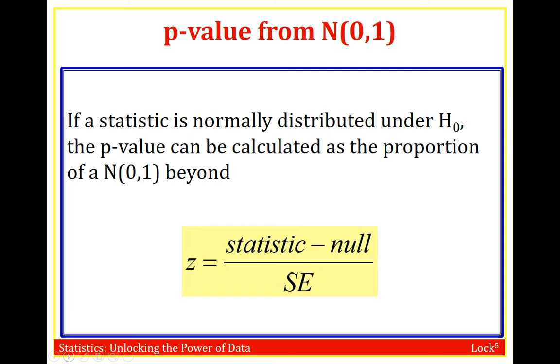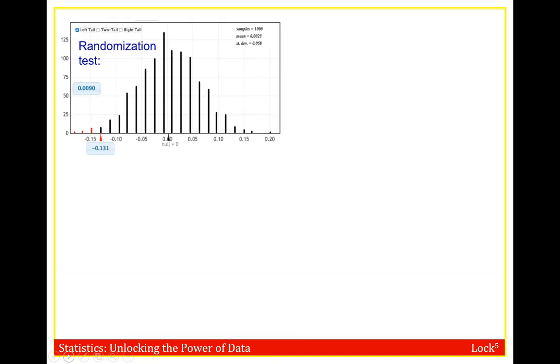So we're going to distribute it on a 0 center with a 1 standard deviation and beyond. The tails are what we're looking for. Again, this is in your formula sheet, so you have this. Here's this calculation of the randomized test. Remember, we ran this one, and I showed this to you.